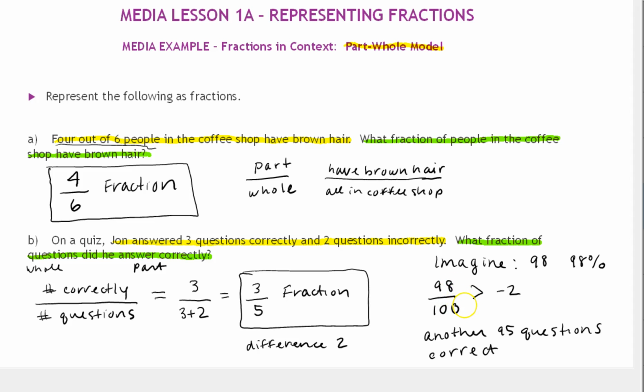Okay, so I hope you can see that this would be a much better score than getting 3 out of 5, because relative to the total number of questions, you got more questions correct, even though the number you got wrong in each case is the same. In the next video, we're going to look at a part-to-part comparison.